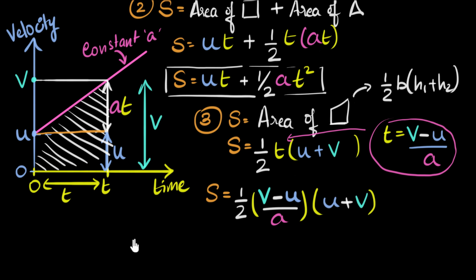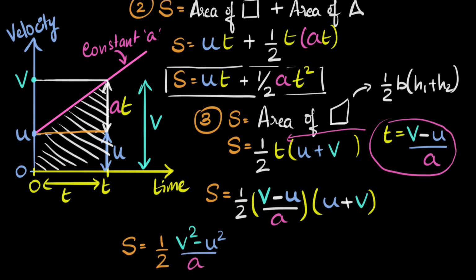Now, if you simplify this, let's see what we get. We get half into, look at the numerator, we have (v minus u) into (v plus u). Ooh, that is v squared minus u squared. And in the denominator, I just have an a.